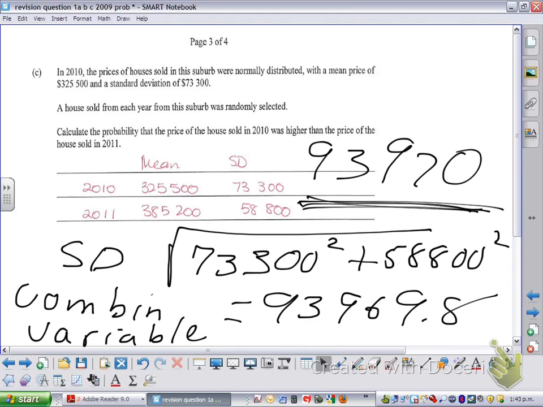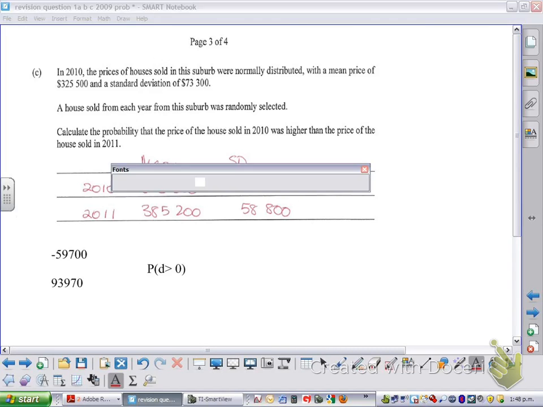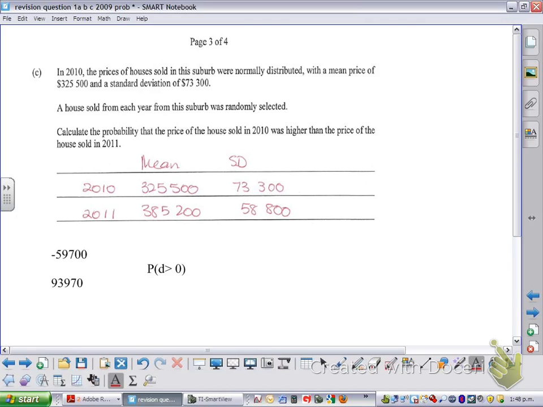And the trick comes with using the calculator. Okay, so now we've worked out these parameters that we need. And we're going to need to pull up the calculator and put these parameters in. Now, the biggest problem here is this is our mean for the difference, and this is our standard deviation for the difference.